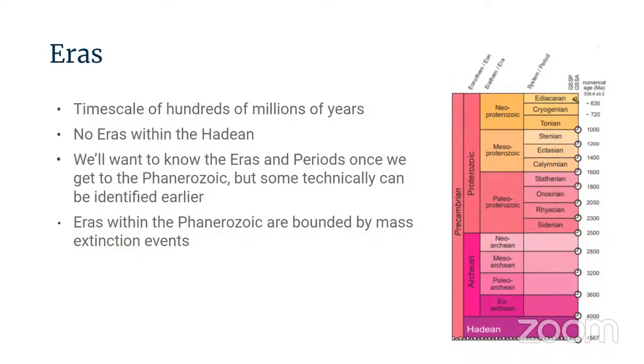So inside our eons, we have eras. I've pulled out our big Precambrian here with our eons within it. Then within it, we have smaller eras. These aren't such a big deal in the Precambrian, but they will be more important as we move into visible fossils, basically.